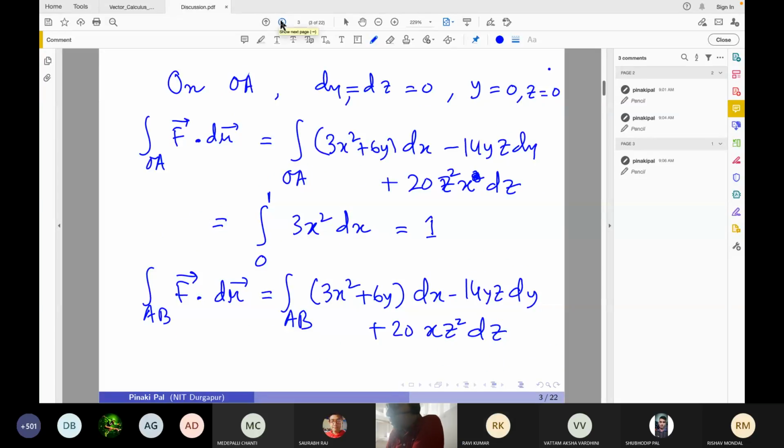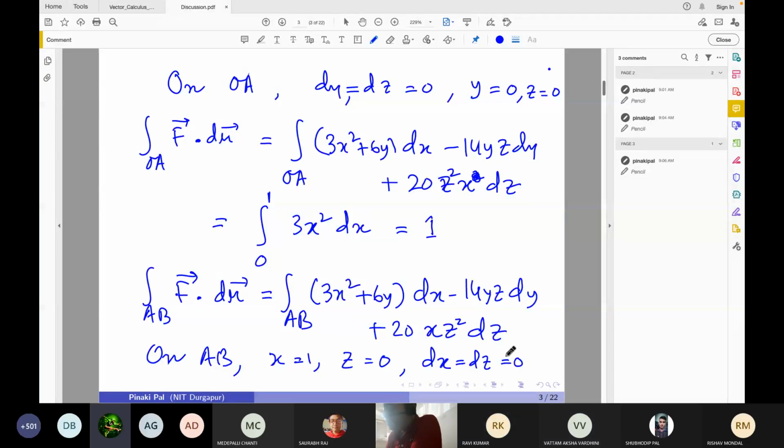So on AB, x is always 1 and y is changing, z is also 0. And therefore, since x is constant, dx and dz are both 0, and y will vary from 0 to 1.